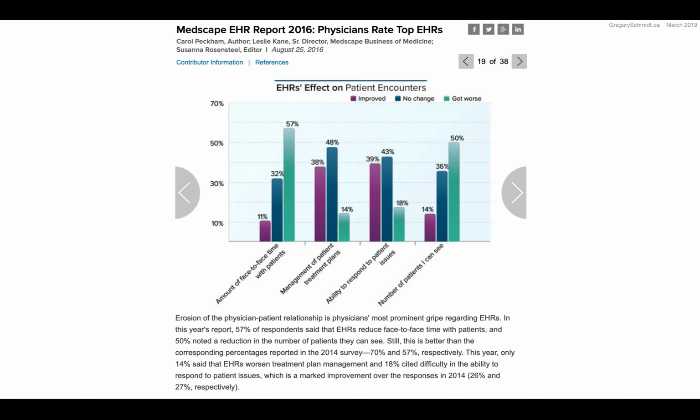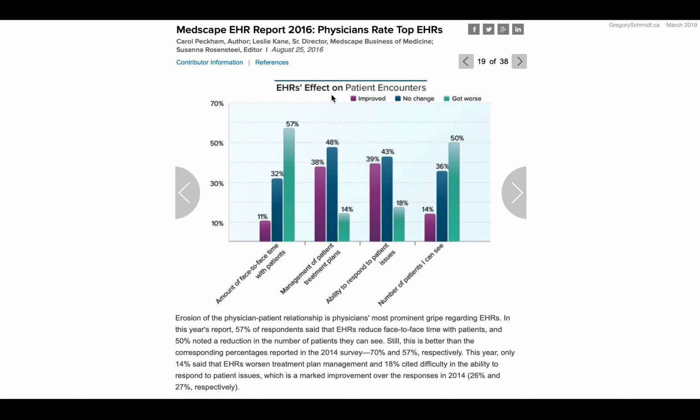If we ask the question another way, as Medscape did, what's the effect of the EHR on patient encounters, whether you're looking at face-to-face time with patients, managing treatment plans, the ability to respond to patient issues, and the number of patients that a physician can see, it's all either essentially had no change or gotten worse.